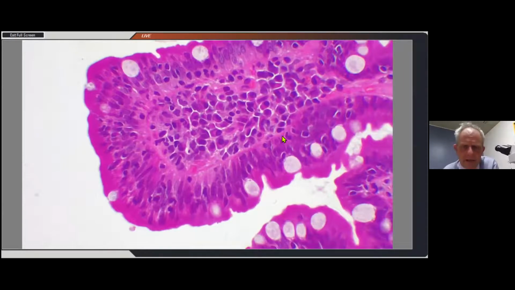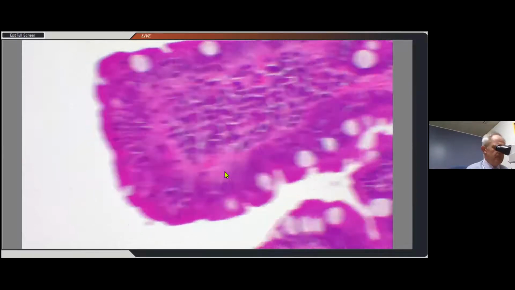epithelial cells. But in this particular instance, you can see that if you count these, we've got way more than the 20 lymphocytes per 100 epithelial cells. And in some areas, it's a little bit poorly orientated.